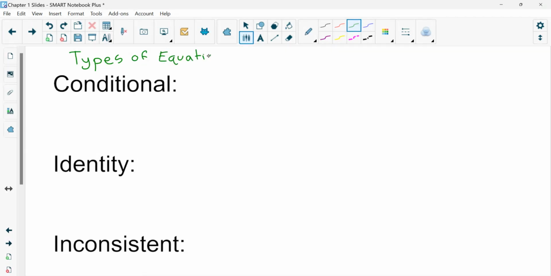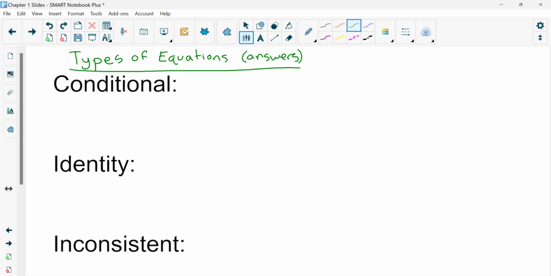And the way we get these types of equations is by looking at our answers. So there are three different types of equations based off the answers. There's conditional equations, there's identity equations, and inconsistent equations.